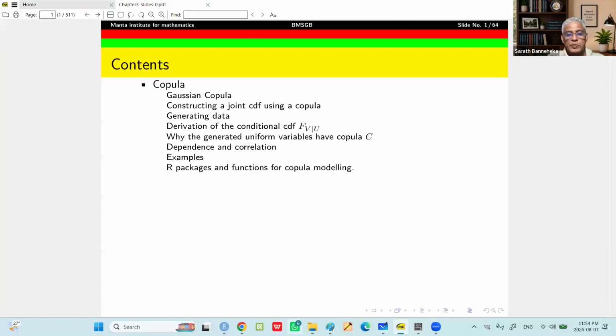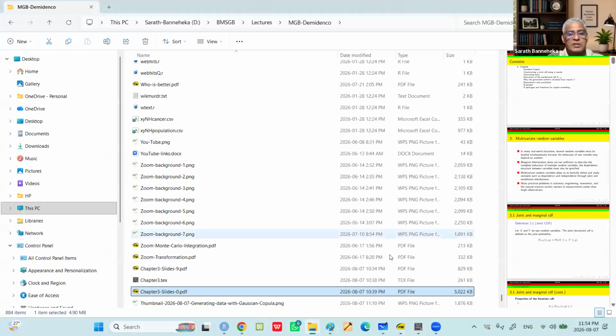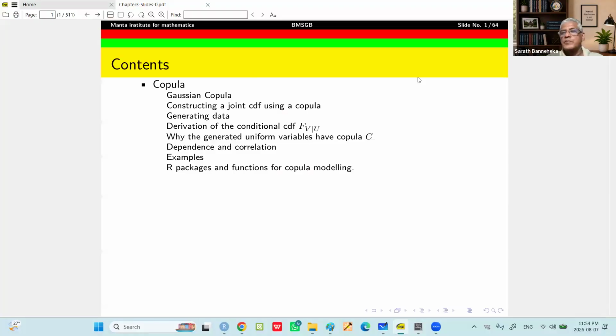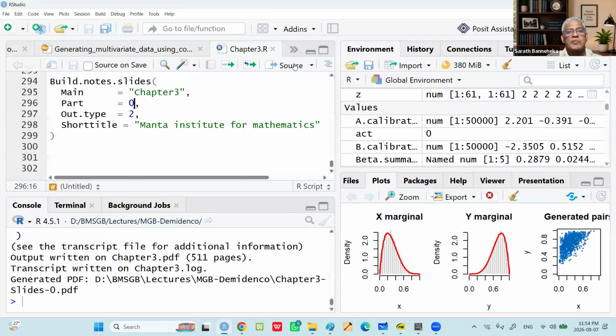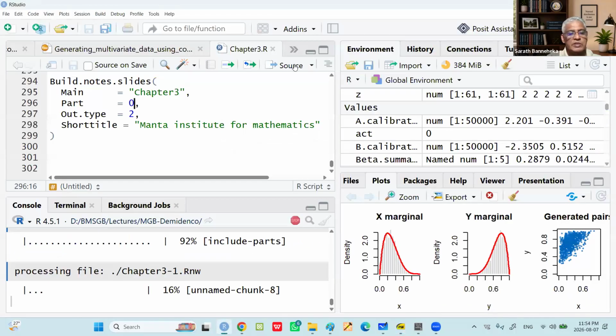Let me show you the topics that we looked at. Something is wrong here. This shows only the copula topics, but we have looked at a large number of topics. Let me see whether I can get it in a minute.